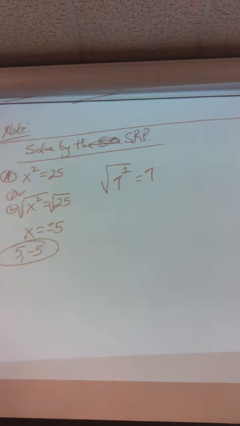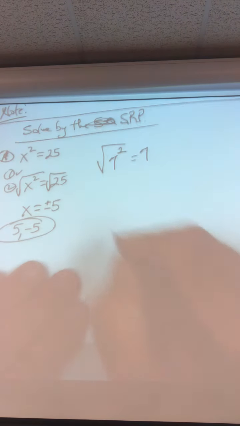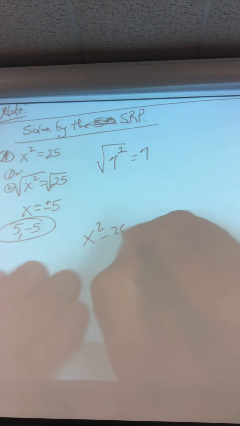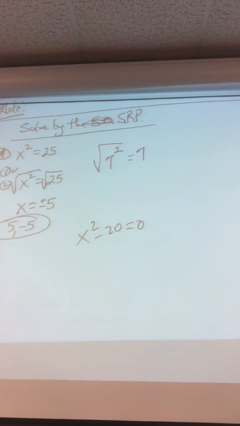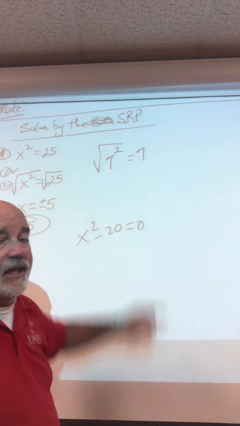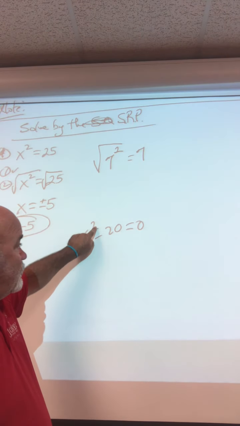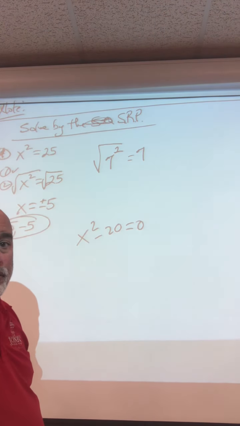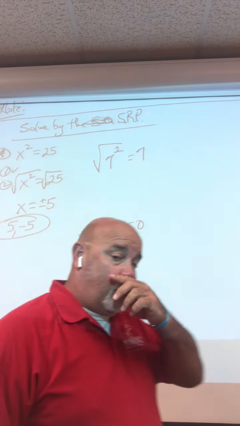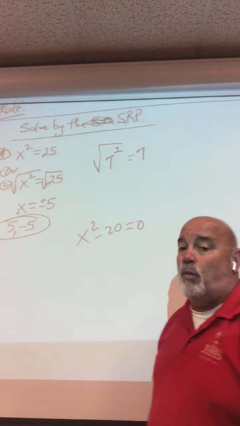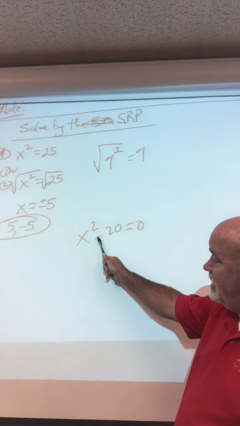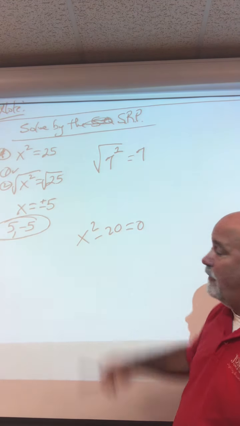For instance, don't write this down because this will be the next example we look at. Just watch this. Just like x squared minus 20 equals 0. This is a quadratic equation. It has a squared term and a constant term. So the square root property will work. But the factoring method won't work on this problem because this is not the difference of 2 perfect squares.